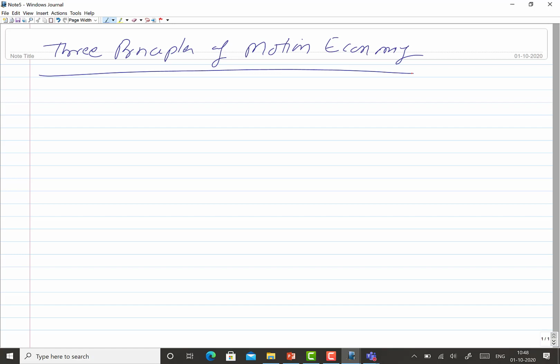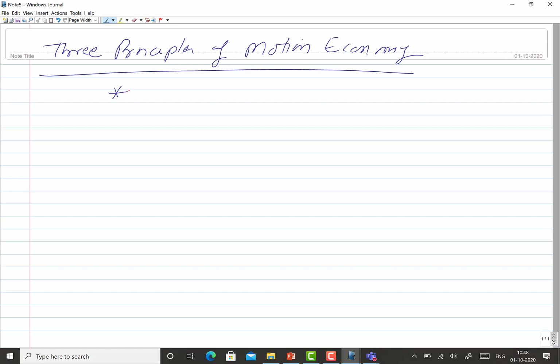Here time is not in focus, but the effort and the fatigue caused to the worker are in focus, related with the principles of motion economy. There are three major principles related with motion economy.